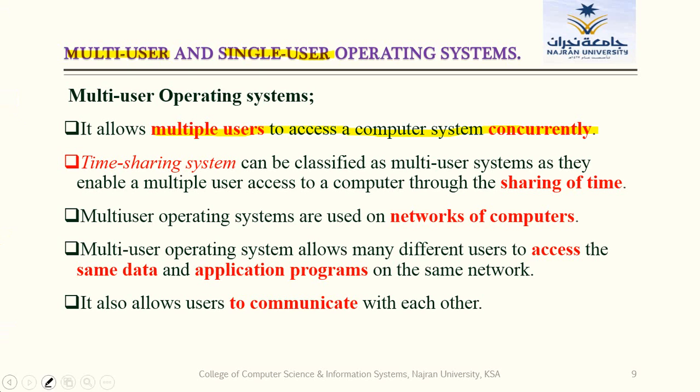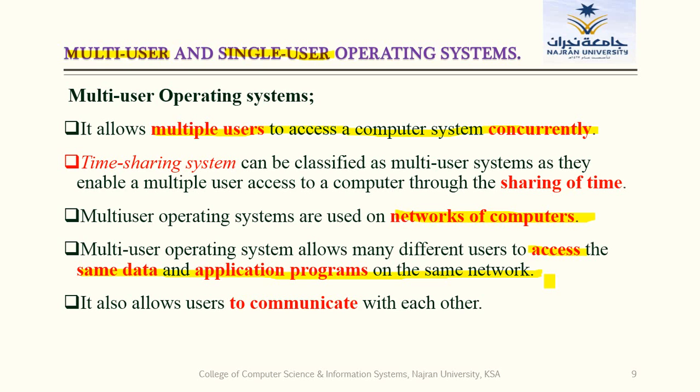Multi-user operating systems are used on networks of computers. Whenever computers are connected in a network, that is an example of multi-user operating systems. A multi-user operating system allows many different users to access the same data and application on the same network. It's not necessary that we have all the applications and all the data on my local machine. If we are connected to the network, we can access the data and application from any other user, from a server, from anywhere, if they are connected with each other.